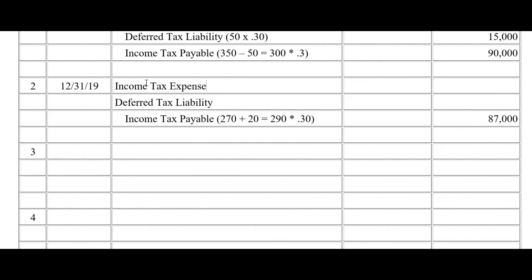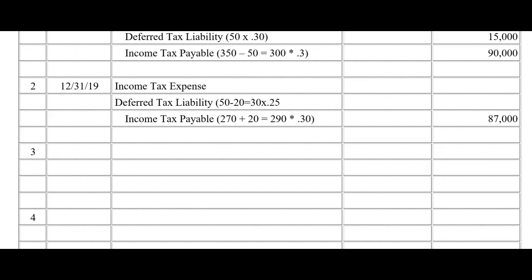Now, we cannot simply calculate the income tax expense in the year we know the change happens. We basically have to find how much we need in the deferred tax liability. So how much do we need there? Well, we had $50,000 in total minus 20. Okay, that gives us $30,000. Now, that $30,000 is future income that we will have to pay tax on, at a rate of 25%.